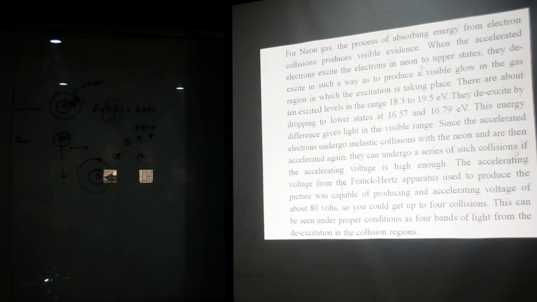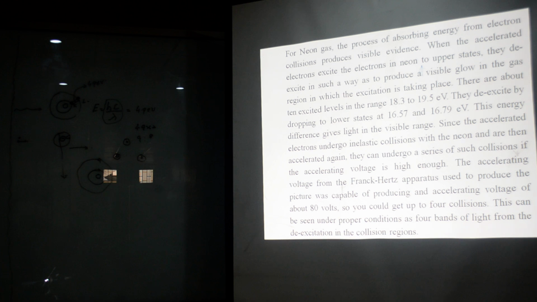Similarly, I can perform this experiment for neon gas. The process of absorption of energy from accelerating collisions produces visible evidence. When accelerated electrons excite the electrons in neon to an upper state, they de-excite in such a way as to produce a visible glow in the gas region in which the excitation is taking place.